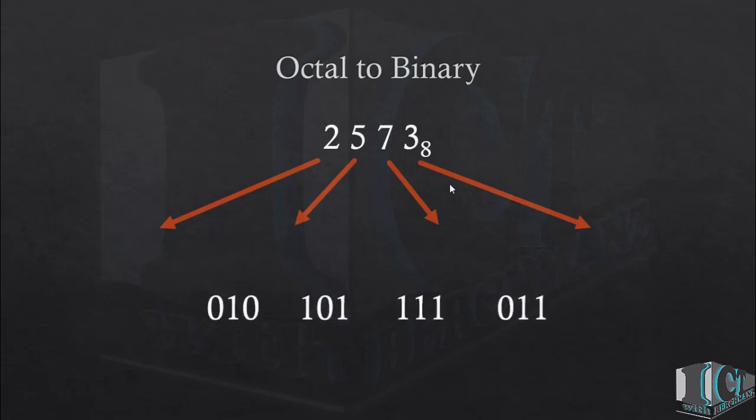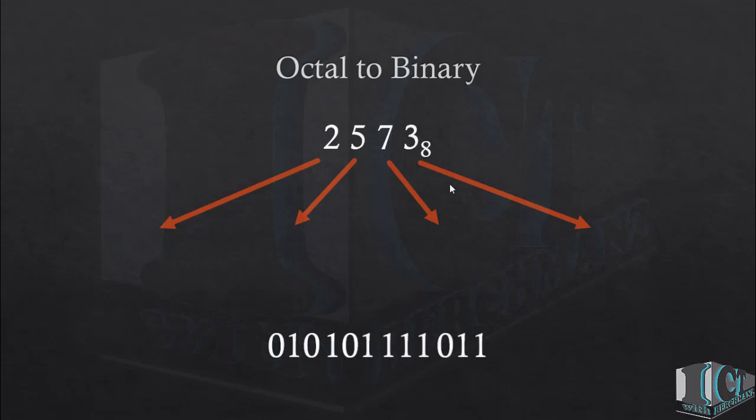If I put them together, it will give me the corresponding binary value for the octal number that we have. So this is how you convert binary to octal and octal to binary using the 3-digit method.